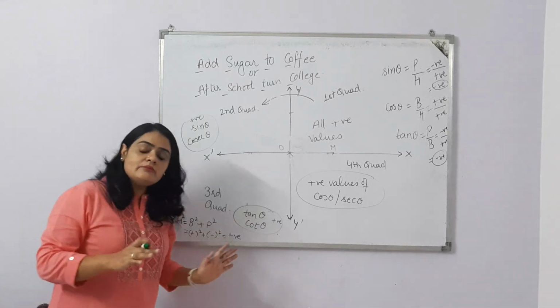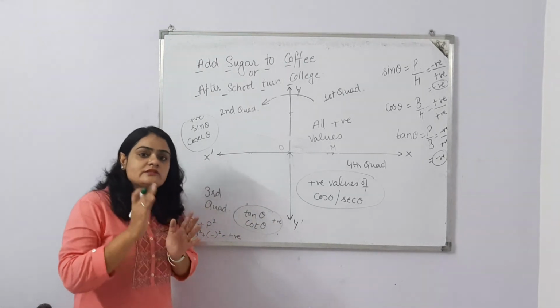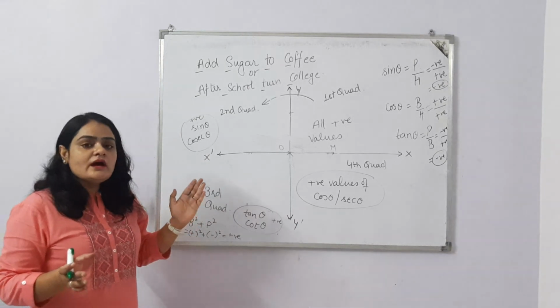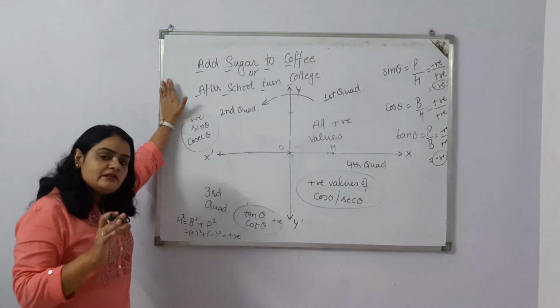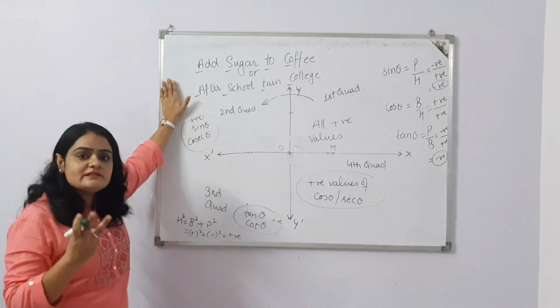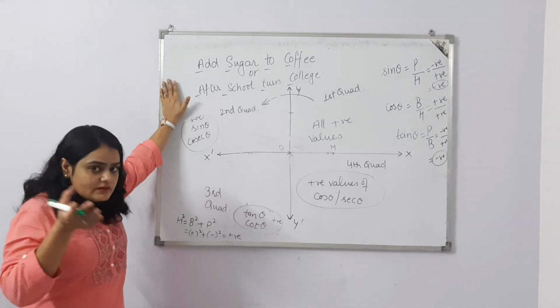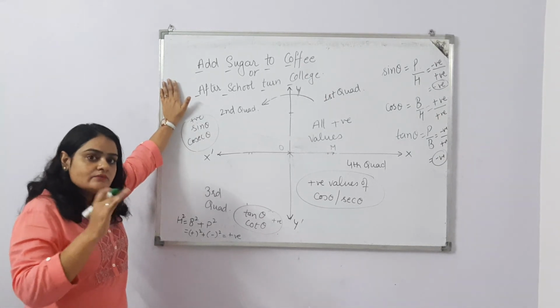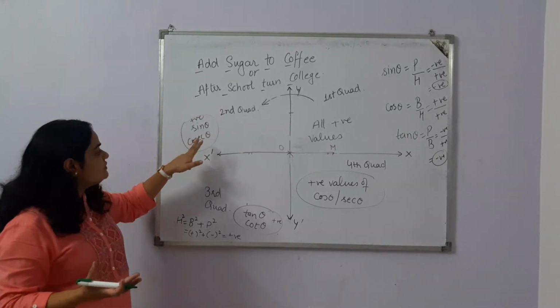So again I am saying we are having three basic trigonometric ratios: sine, cos and tangent. So this rhyme totally depends upon the three basic trigonometric ratios: sine, cos and tangent. And again the placement we are getting according to the reciprocal, that means the reciprocal of sine, which is cosecant.